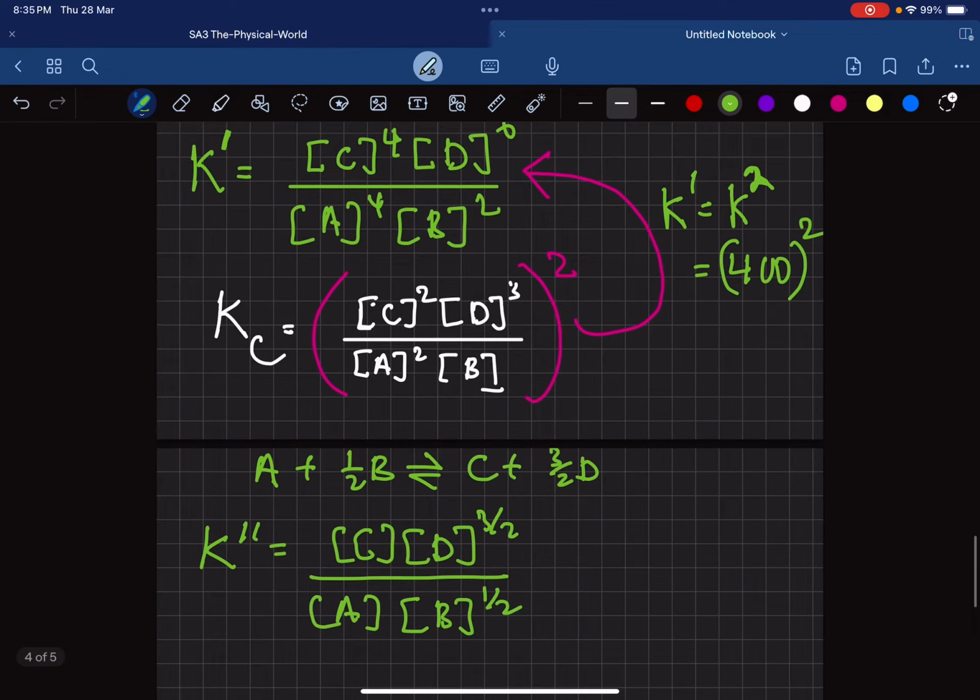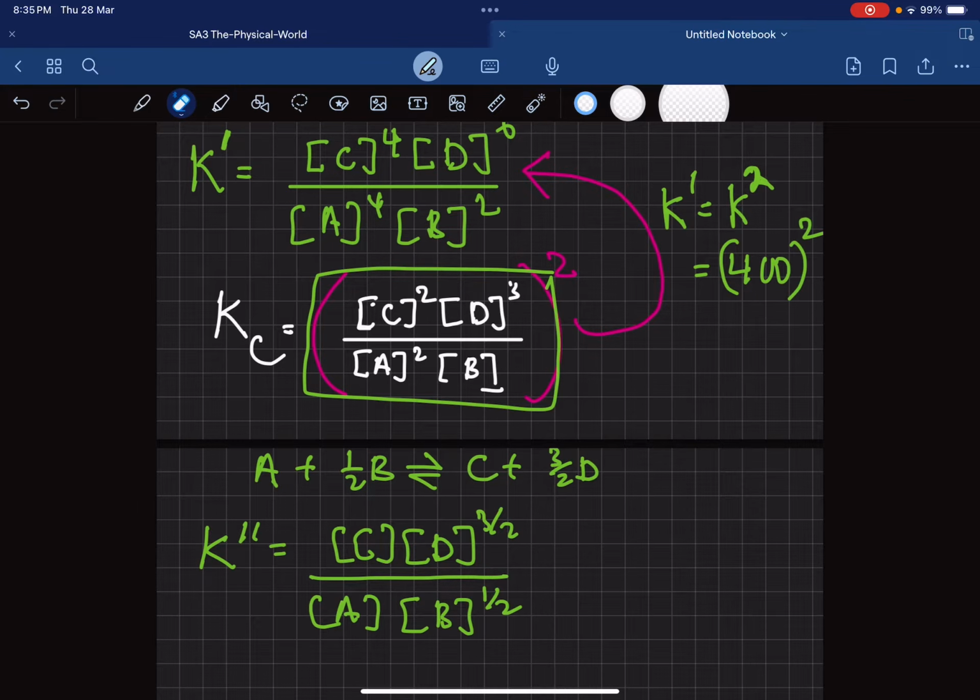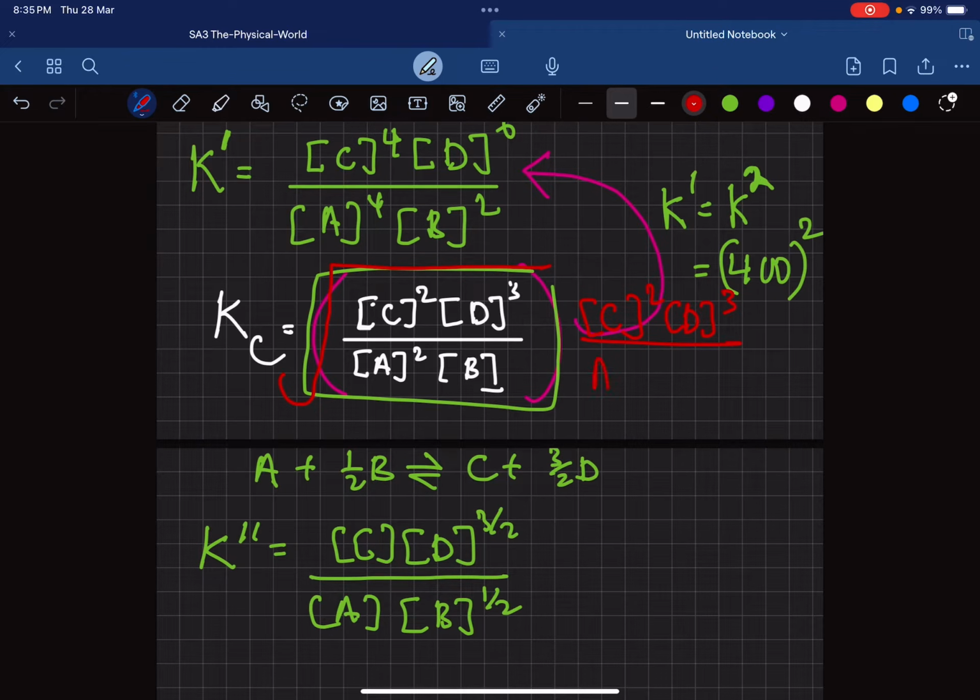If you compare this with the original equation, what we have actually done is take the original equation and square root the whole thing. When we square root it, what you end up getting is C to the power of 2, D to the power of 3, divided by A to the power of 2, B, and you are square rooting it, so times half.